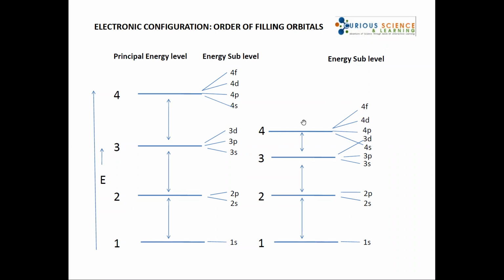Principal energy levels get closer together as you get farther from the nucleus. So what does it mean? That means as you go further and further from the nucleus, which is at the center and at the bottom here, the first, second, third, fourth, fifth energy levels go further and further, and the difference between those energy levels becomes smaller and smaller.